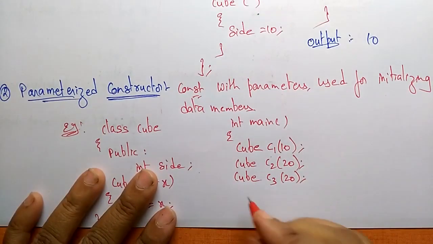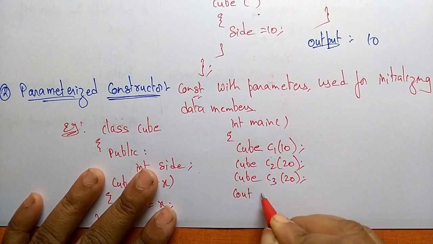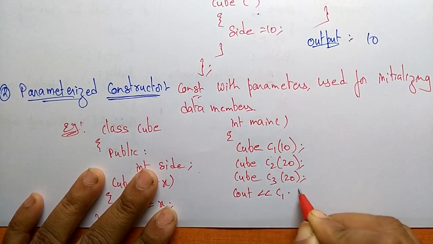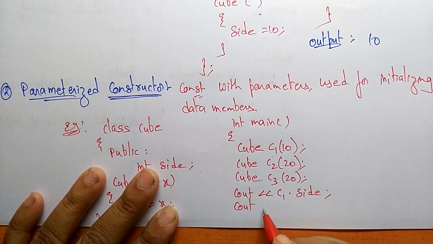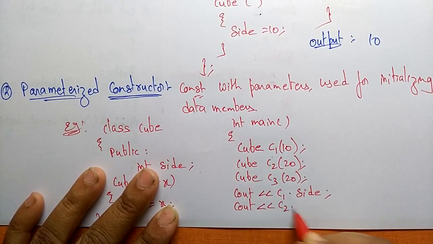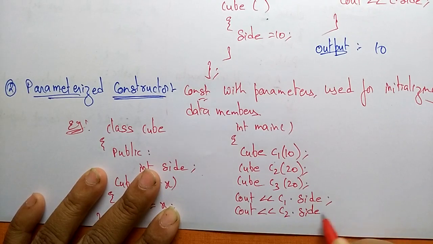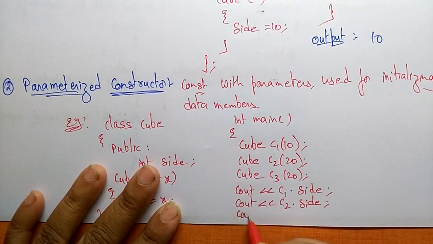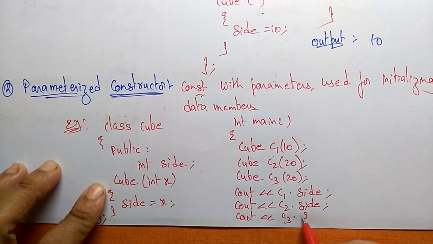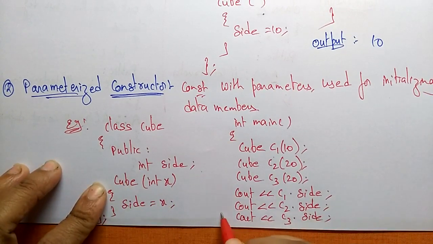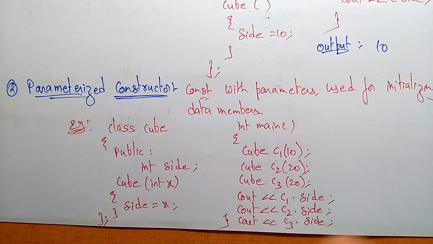Okay, so now print these values. cout C1.side, cout C2.side, cout C3.side. I'm just printing the values.